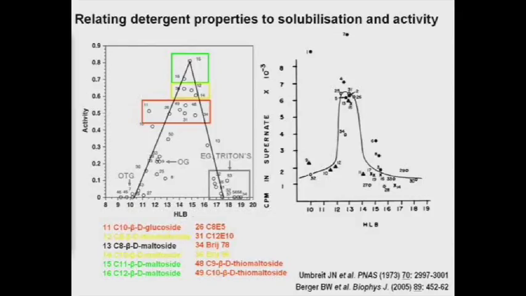Did you want to say something? Would a simple-minded explanation be that if the hydrophobic tail is really quite much longer than the lipid side, then it's no good for it? Yeah, so this HLB number is purely based on molecular weight. Right. But what I'm trying to point out is those green, yellow, red, they fit quite nicely to the span of the hydrophobic belt around the membrane protein.